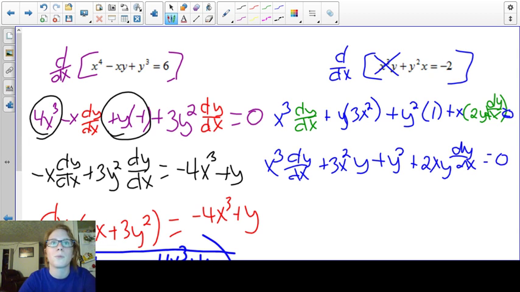Now, whenever we deal with regular variables, remember x always goes before y, and the numbers always go in front, and so on.